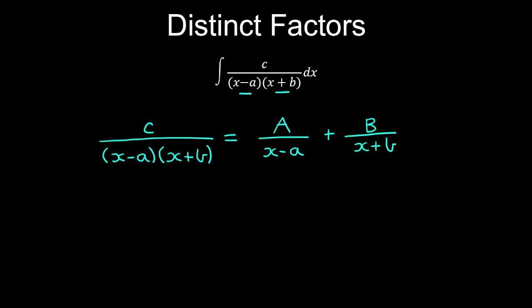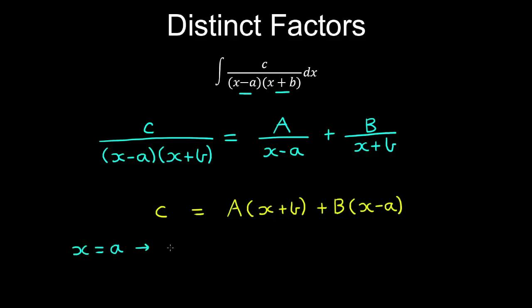And now if we multiply through by x minus a by x plus b, we obtain the following expression. And now you can set x equals a, and that'll give you the following equation.